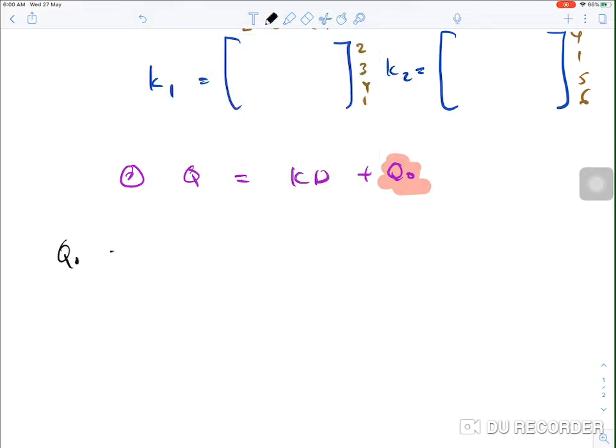Q naught is equivalent nodal forces. To understand what equivalent nodal forces actually are, please remember, this is about members, meaning there are loads on the member, not on nodes.